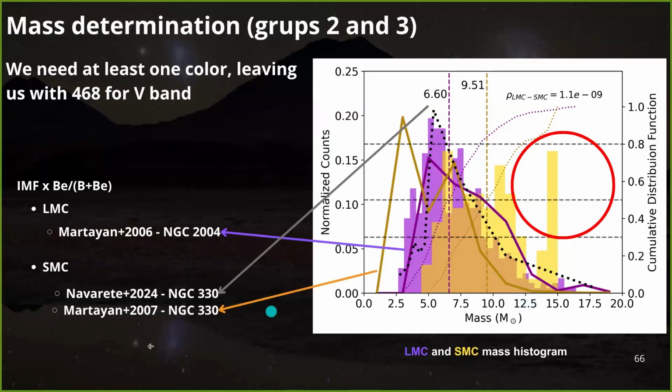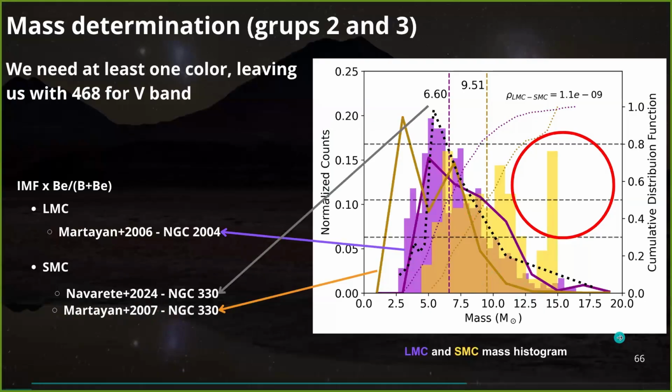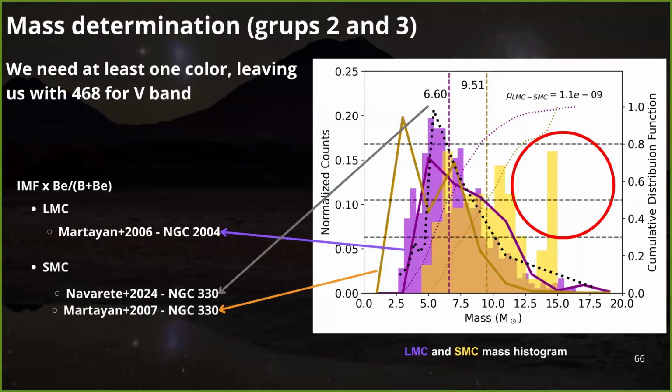And if we compare with the fraction estimated by Marta in 2007, the agreement is even worse, right? So I emphasize that the LMC sample results are more confident and should translate into more confident results for us.